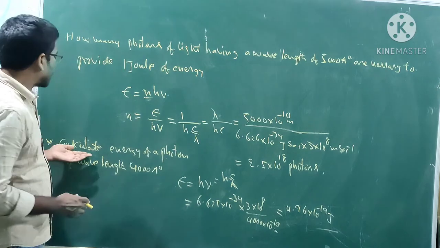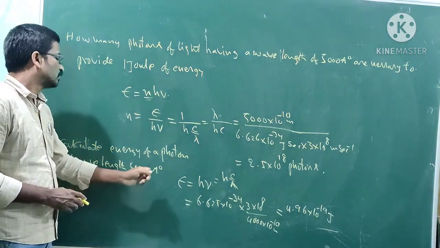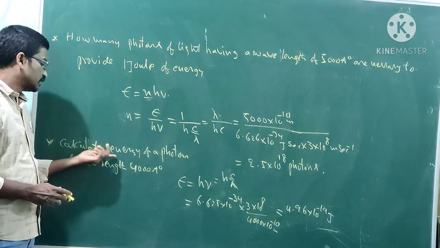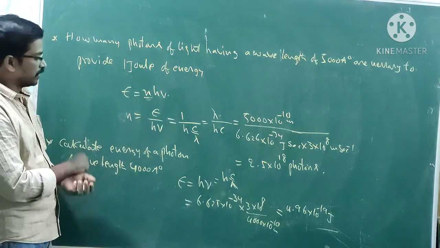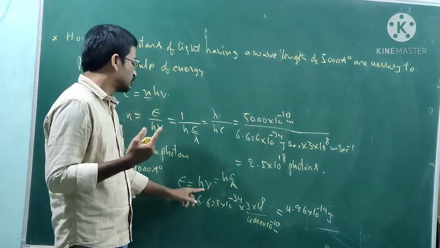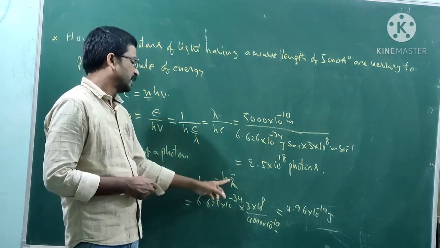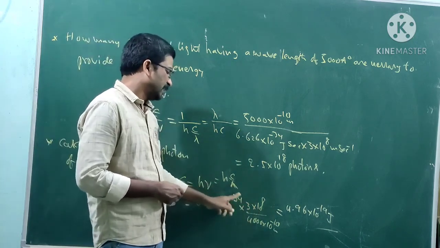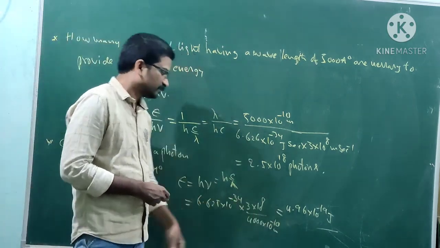Next, calculate the energy of a photon of wavelength 4000 angstrom units. Here they ask for the energy of one photon, and the formula is h nu, that is h c by lambda. h and c are constants, and lambda is 4000 into 10 to the power of minus 10.